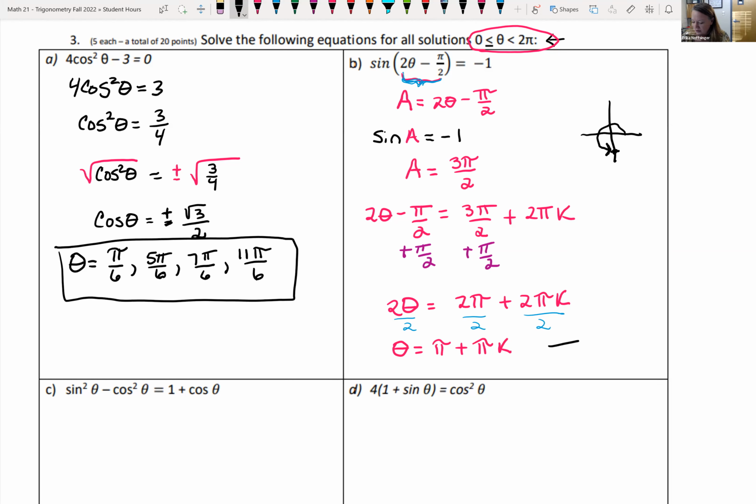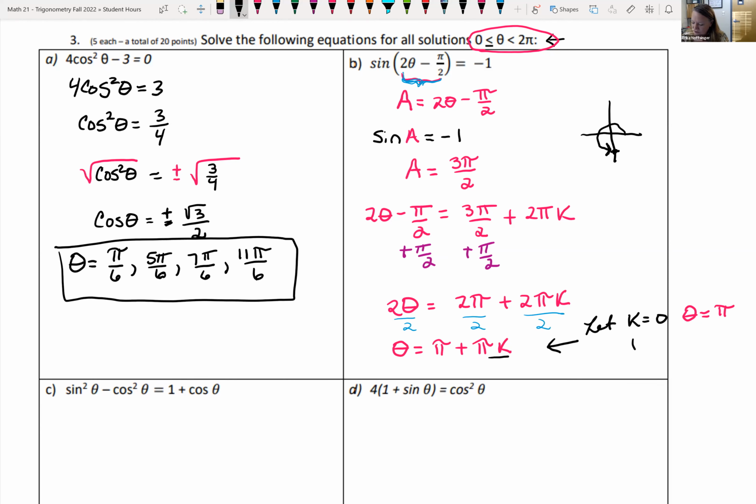And we stop once we find where we're getting outside of that input between 0 and 2pi. So let's let k equal 0. If we let k equal 0, notice we'll get pi plus pi times 0, so theta is equal to pi.